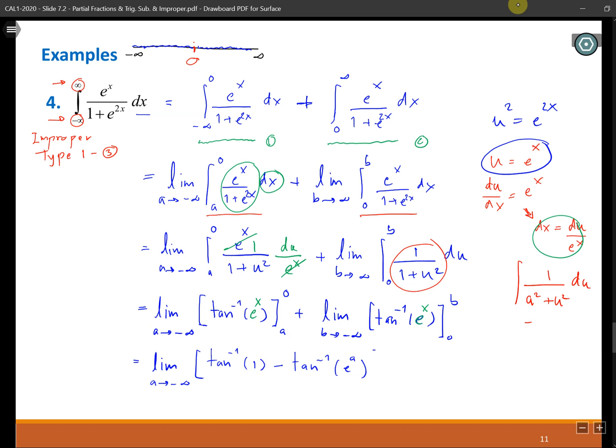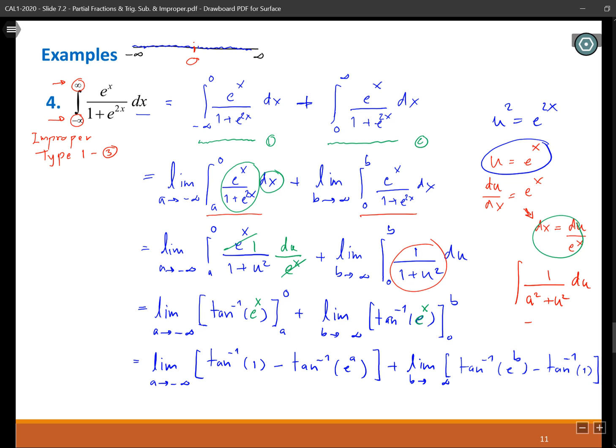Now plus the limit as b approaches, oh, I'm sorry, not minus, positive infinity. Here we have arctan evaluated at b, e to the power of b, minus arctan evaluated at 0, and that is going to be 1.